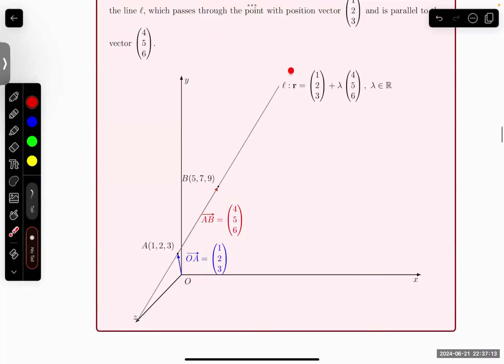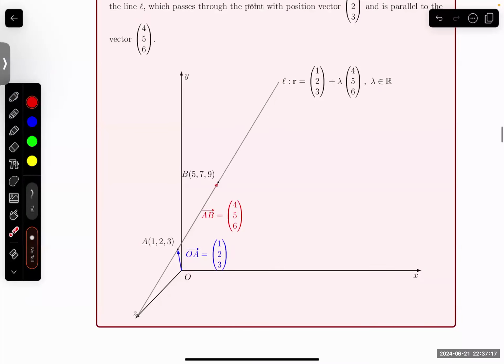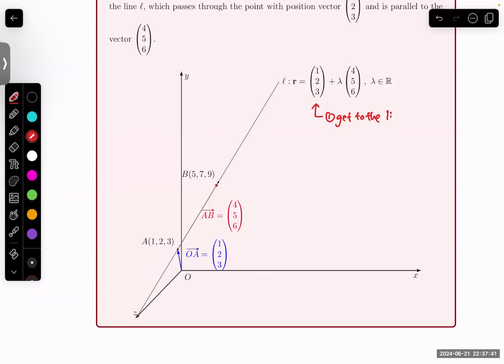Anyway, I want to get to the line. How do I get there? I follow OA, which is this vector here. This is the position vector of a point on the line. This allows us to get to the line.